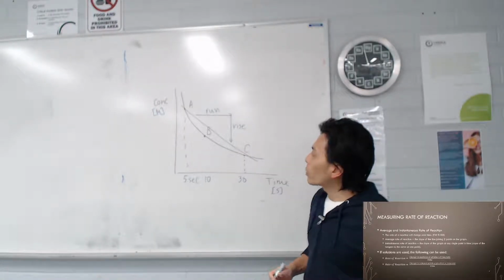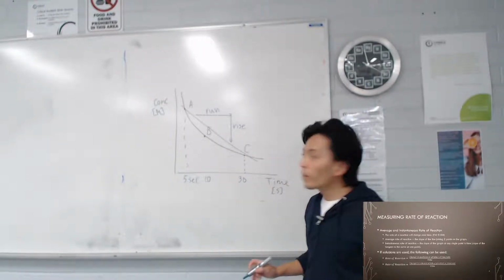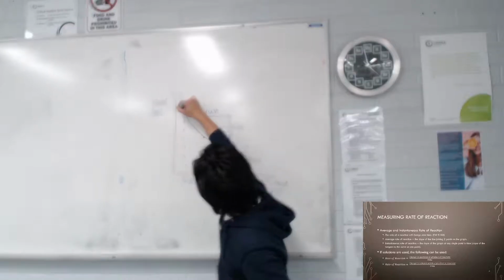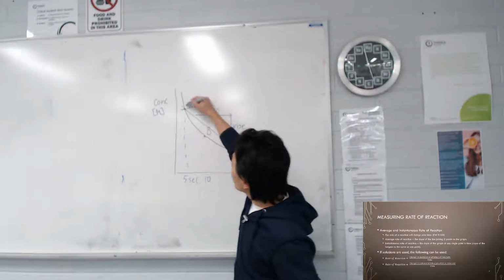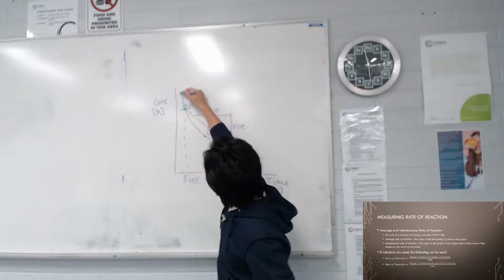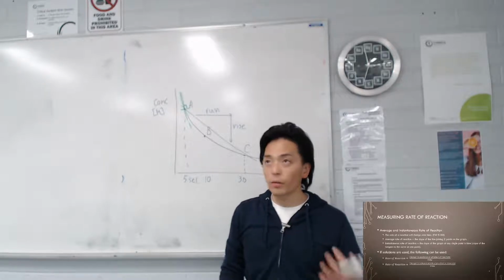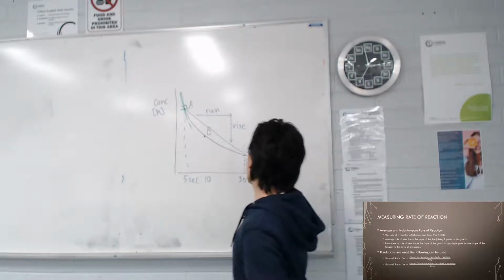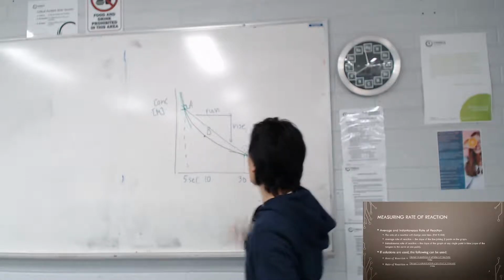Instantaneous rate of reaction. You can do that for the A and C separately. What you do, if you are using graph, you just draw a perpendicular line to the point, and then again drawing a perpendicular line. That's really a tangent, yeah. You can also draw a tangent line, well, at any point.